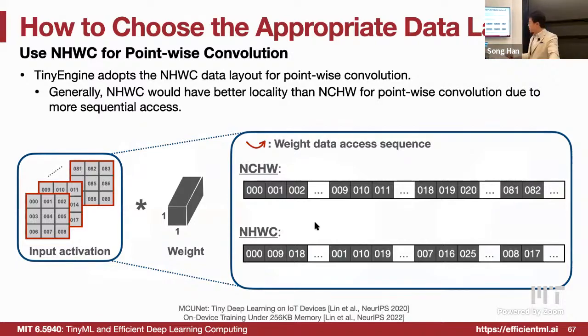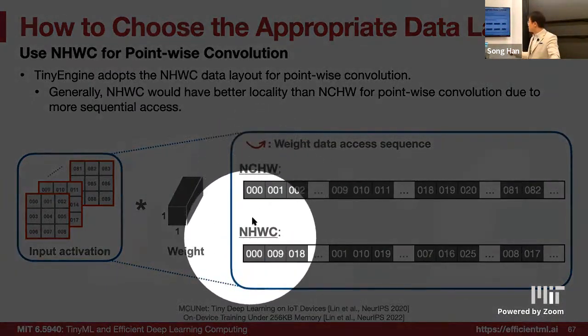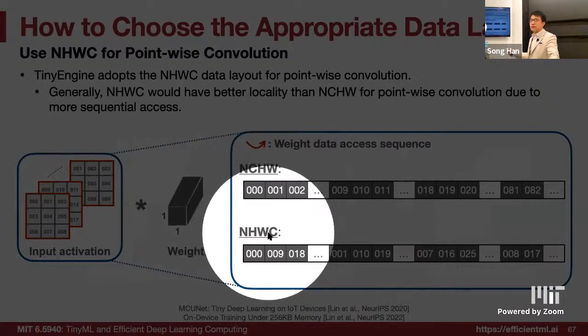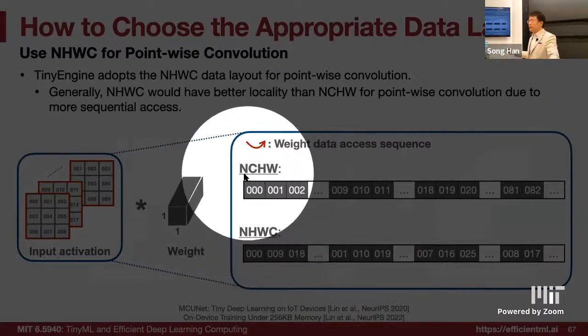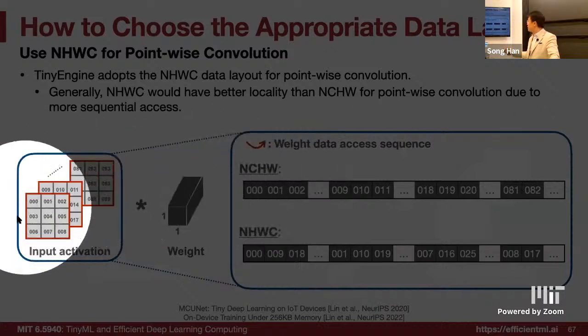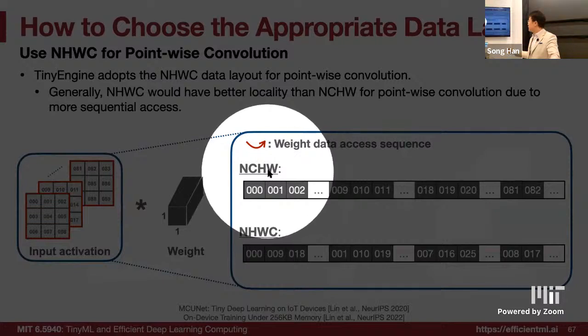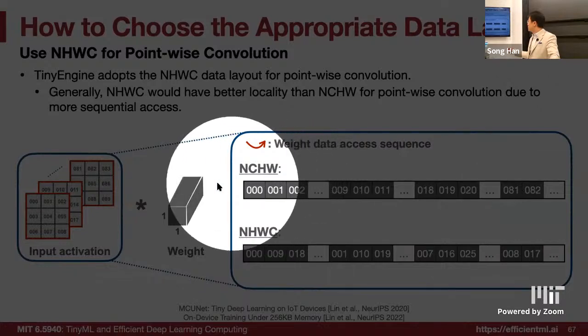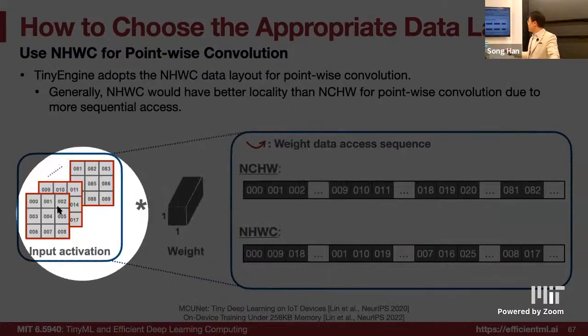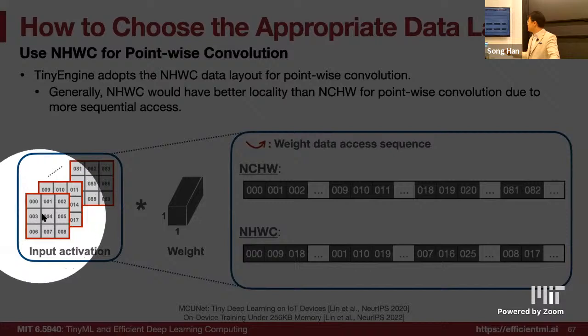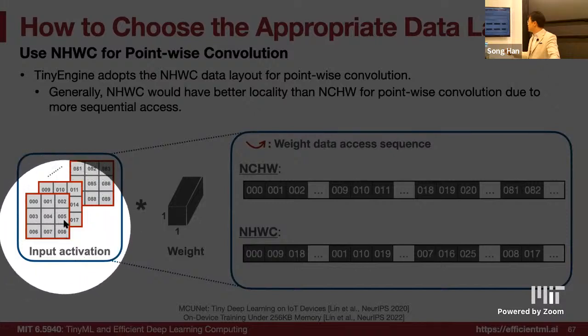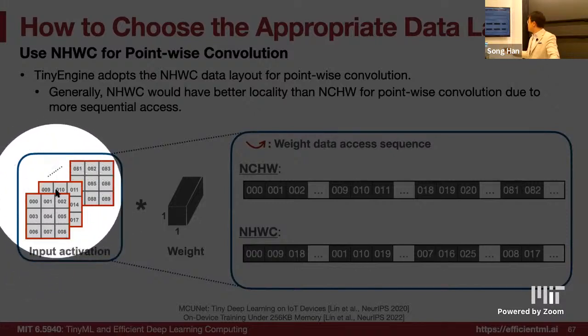And let's compare NCHW versus NHWC. What does this mean? N is the batch dimension, C is the channel dimension. Here we have 10 channels. H is the height, W is the width. So here we have height and width in the inner loop. So the layout would be 0, 1, 2, 3, 4, 5, 6, 7, 8, and then 9, 10, 11.